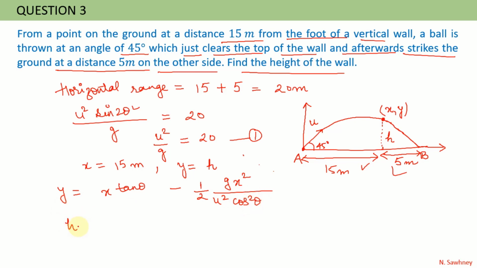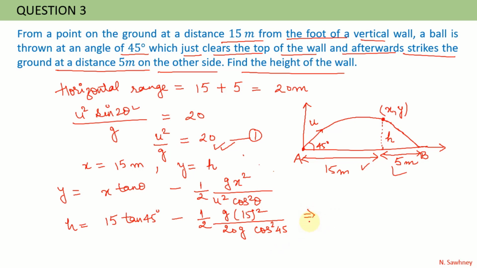Y is h, x is 15, theta we know is 45 degrees, so it will become tan 45 minus half g x square, that is 15 square, upon u square, that we can find from equation number 1, that u square can be written as 20 g into cos square 45 degrees.